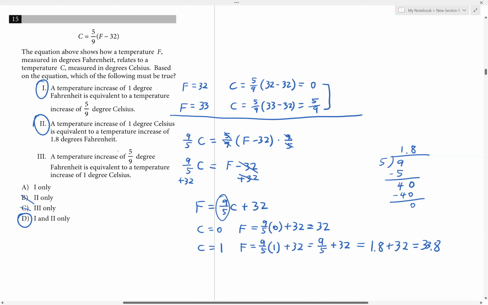If we have a 1 degree Celsius increase, like what we had here, the Fahrenheit temperature actually increased by 9/5, not 5/9. That's why statement 3 is incorrect. So for our answer here, number 15 has to be D.